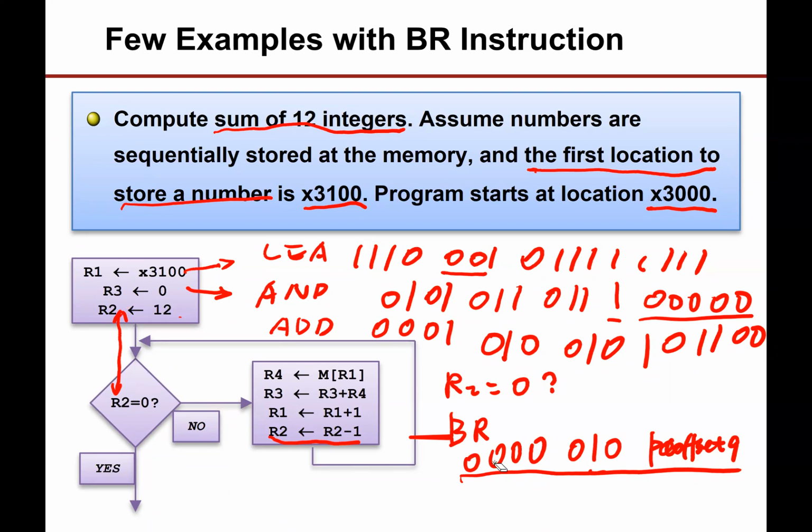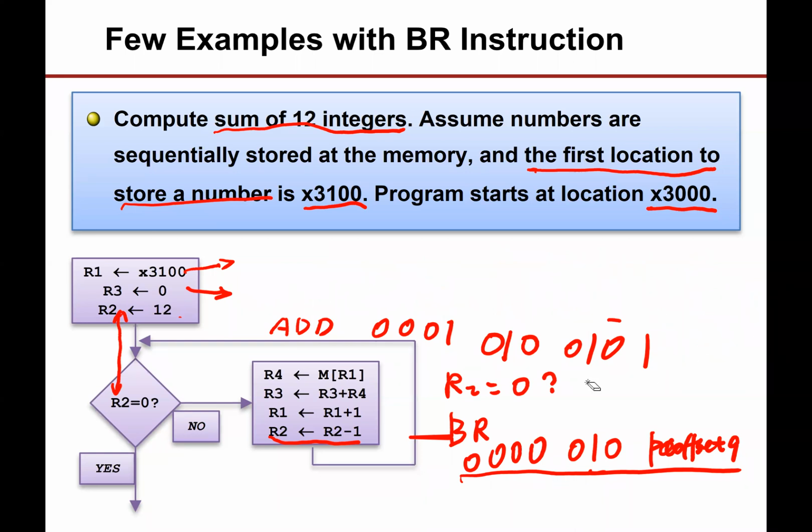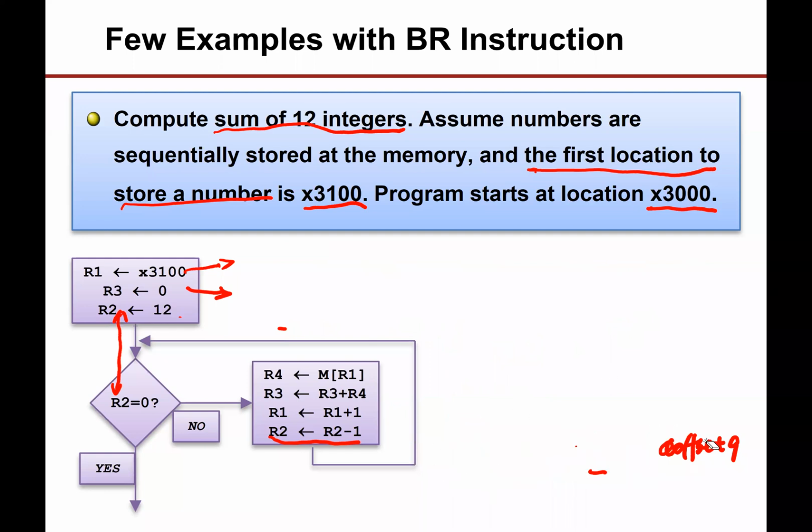Okay, after the branch, we have the third block. The third block is first the data stored at the memory location held in R1.